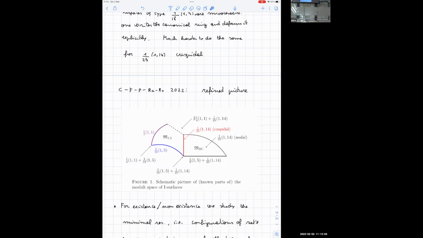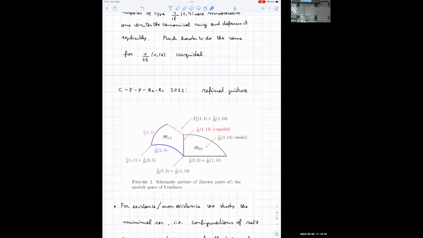And then we tried to understand how the different strata are connected. So as you see, for instance, here is a codimension 2 stratum corresponding to surfaces with one singularity 1/4, 1/1 and 118.15. On the other hand, the other combination, the 1/4, 1/1 plus 1/25, 1/14, we showed cannot happen.